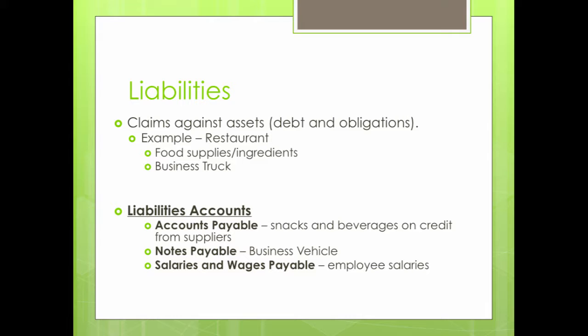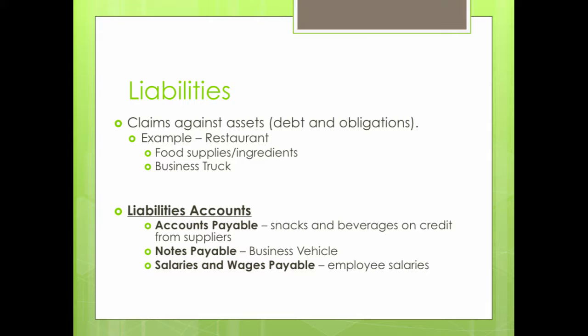Nothing more, nothing less. So this is a note that is negotiated that states that you owe the amount of the vehicle and you have agreed to pay it back on a monthly basis for a number of years. So when you buy something similar to this example, you will record the transaction in notes payable.